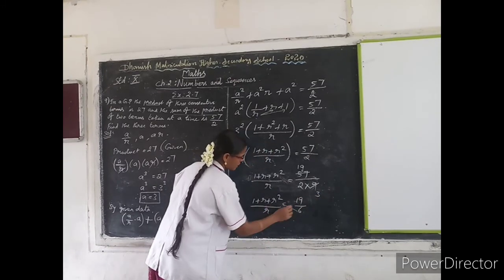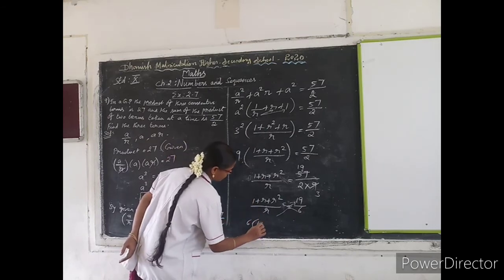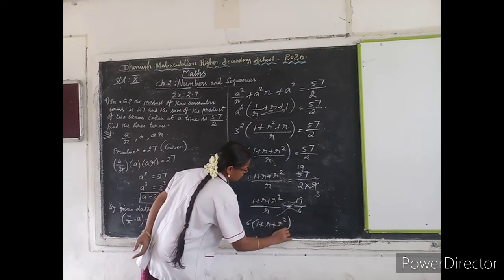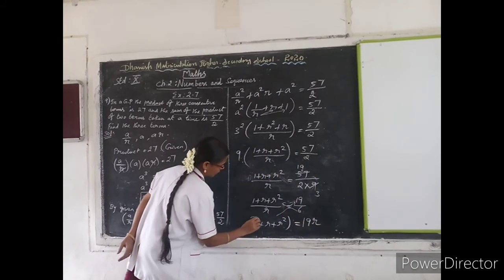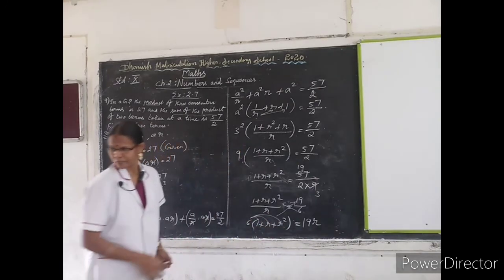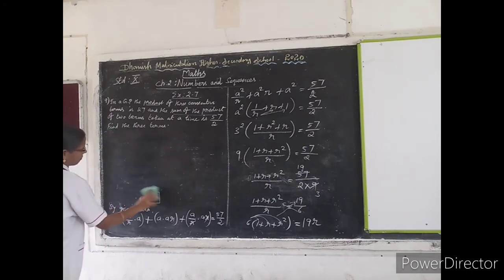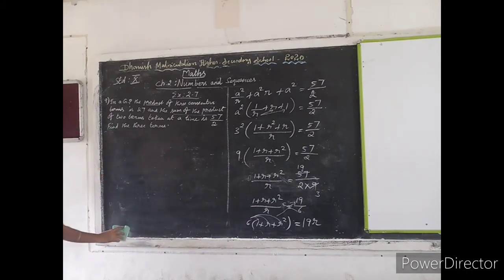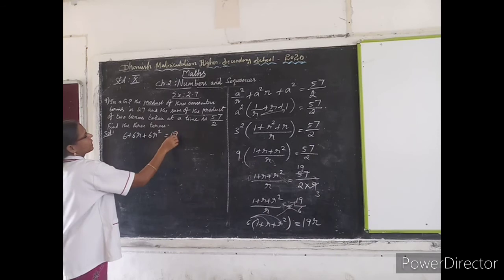By cross product, 6 into (1 plus r plus r square) is equal to 19 into r, 19r. Now remove this bracket: 6 plus 6r plus 6r square is equal to 19r.